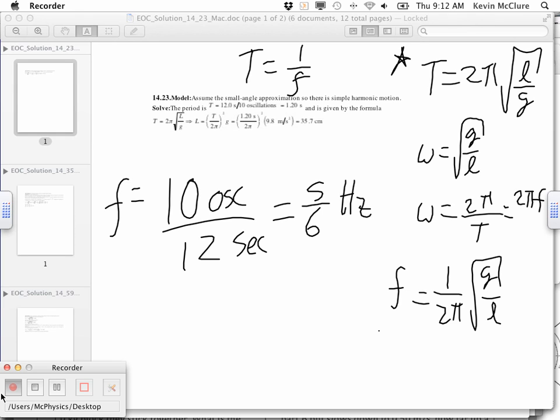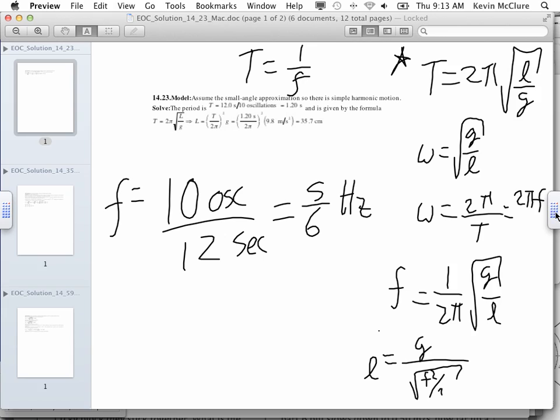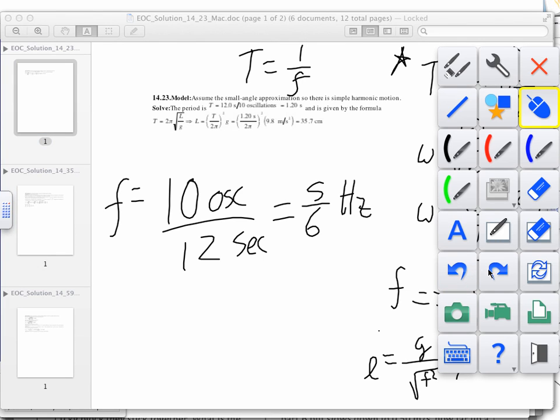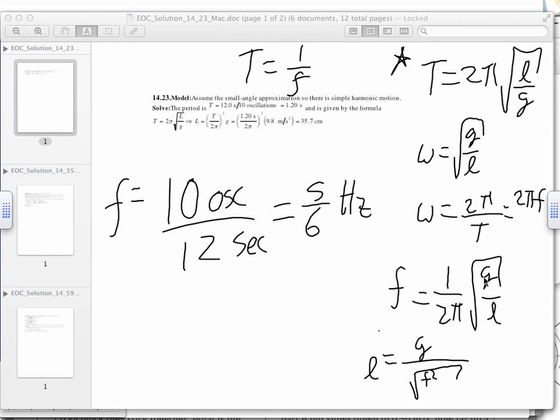Right, so L is equal to G over the square root of F squared over, just kidding. So F squared, 4π squared or something. Move that over, it's 2πF, square both sides, F squared 4π squared, and put it at the bottom.